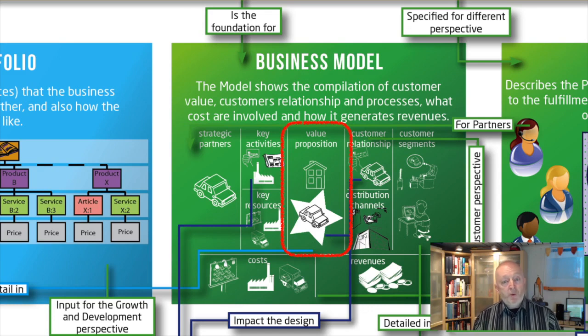Okay, continue then. We have the value proposition. From there on we can look into the customer segments. Here you need to define exactly what different types of customers you have. And also in an upcoming video, I will talk about the market and how you divide the market up and find these segments.